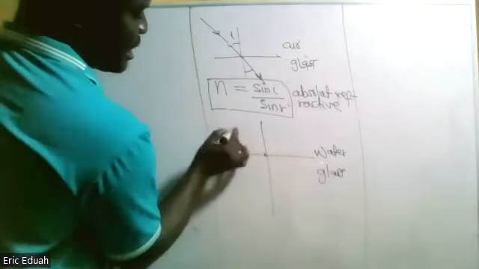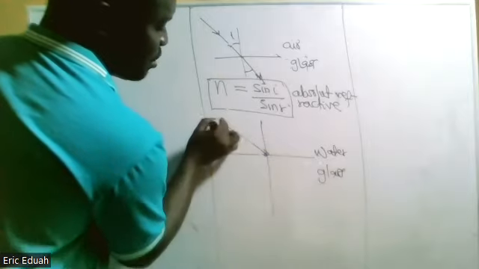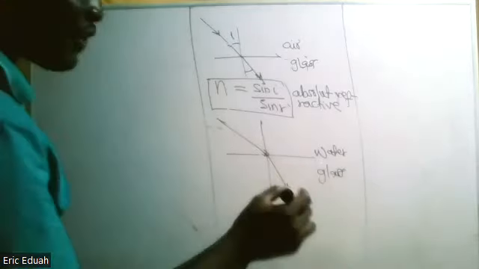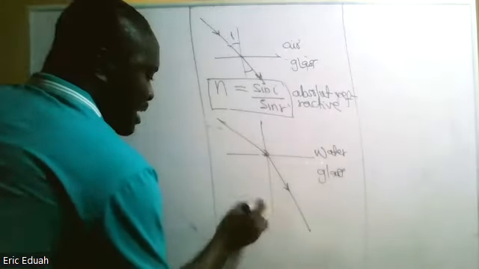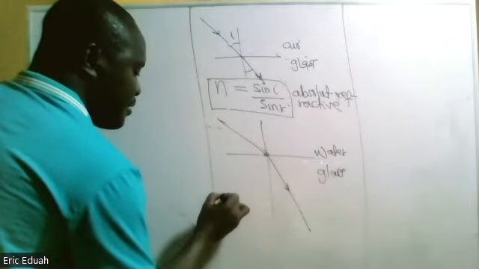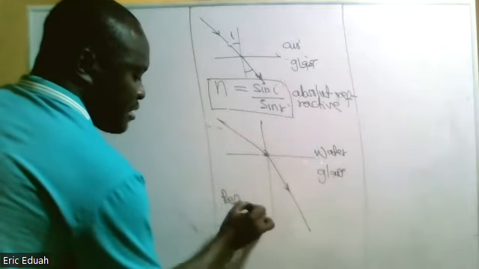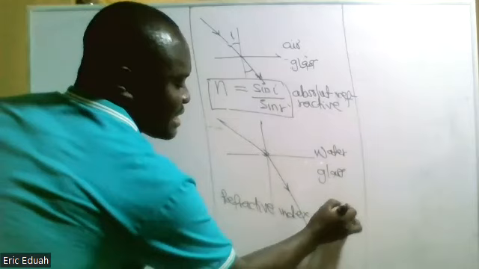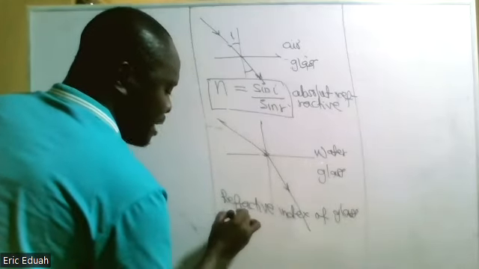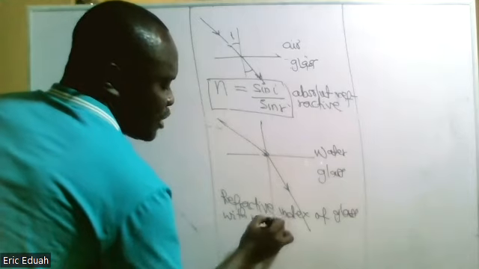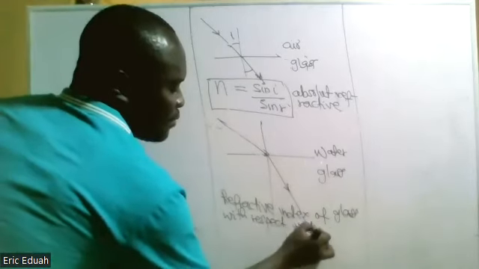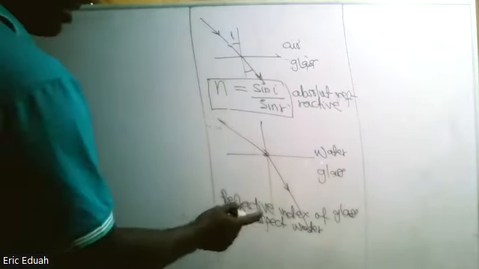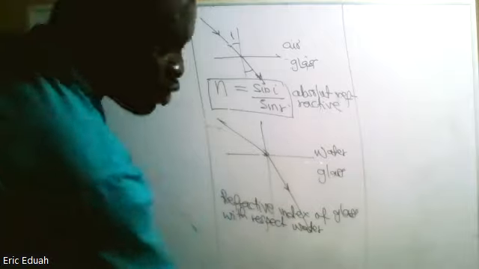So it means that the path will still be deviated towards the normal. But this refractive index is the refractive index of glass with respect to water, or the refractive index of glass through water.